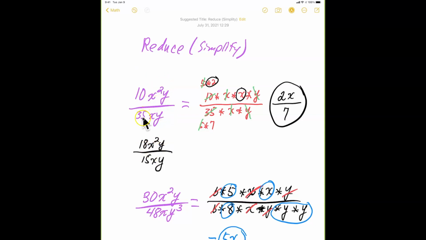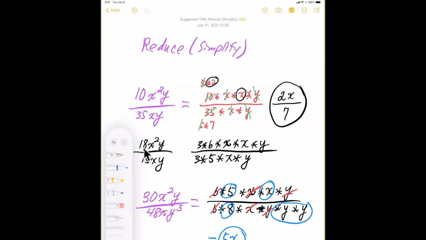So we are just going to be looking for factors of 10 and 35. And 5 is a factor. So when we reduce that, we're looking here at 18 and 15. We're wondering, 3 will go into both of those. So let's try that. We've got 3 times 6 times x times y all over 3 times 5 times x times y.